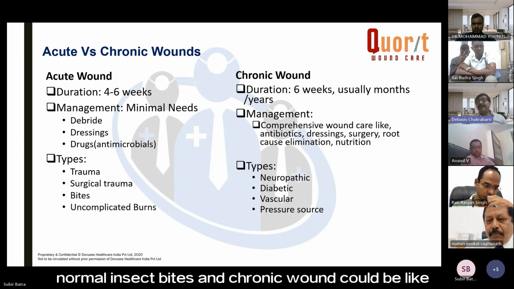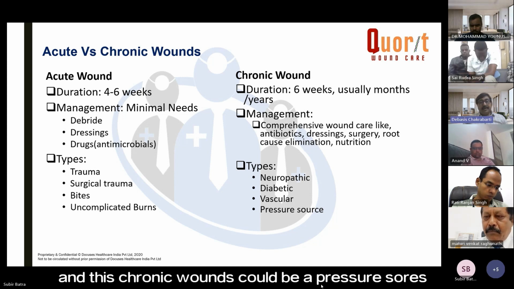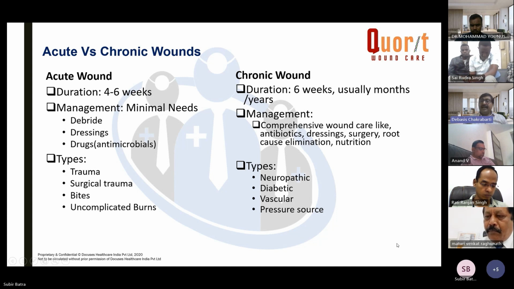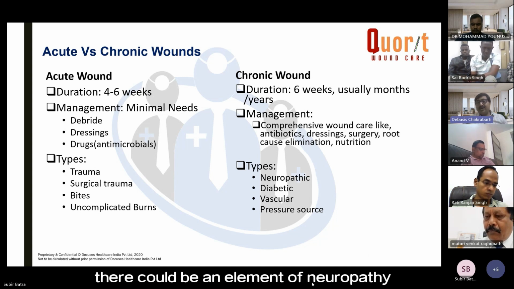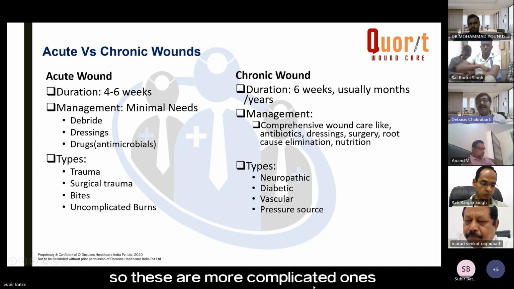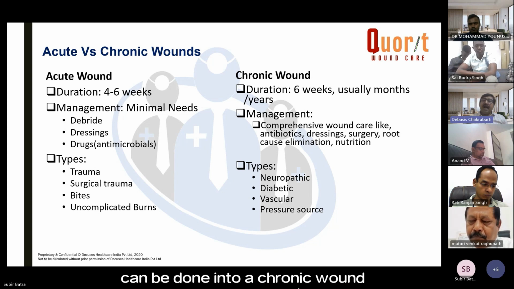And a chronic wound could be diabetic ulcers, venous ulcers, vasculitis, pressure sores, vascular ulcers, or a diabetic foot ulcer, and along with the diabetic foot ulcer, there could be an element of neuropathy. So these are more complicated ones. Even a simple burn can turn into a chronic wound.